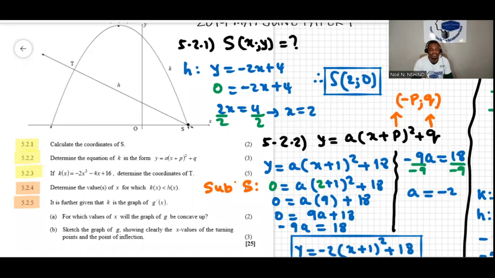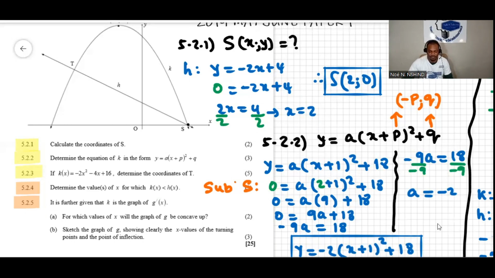Now, for which values of x will the graph of g be concave up? And B says sketch the graph of g showing clearly the x values of the turning points and the points of inflection. All right.